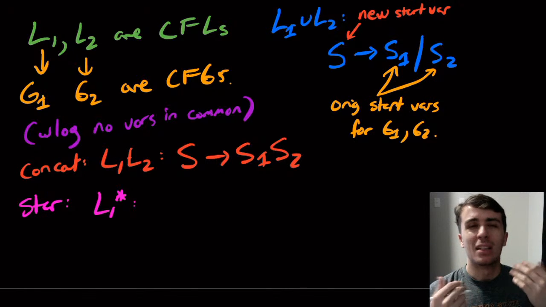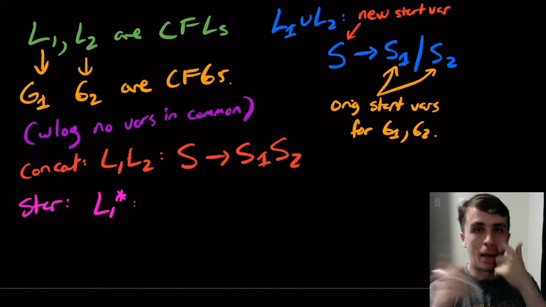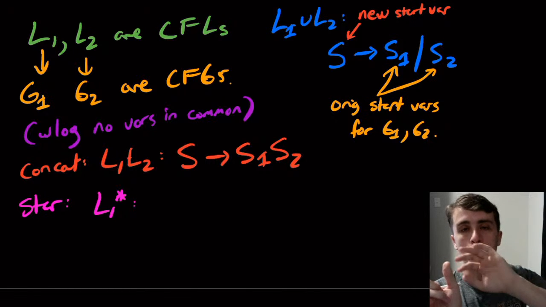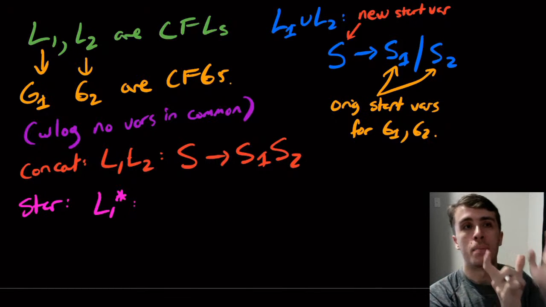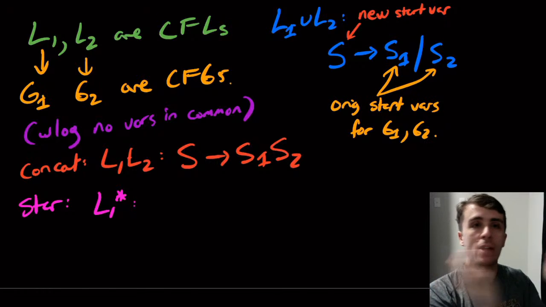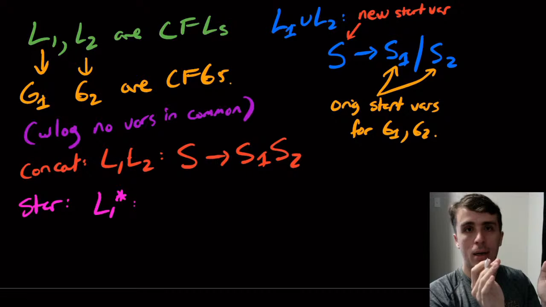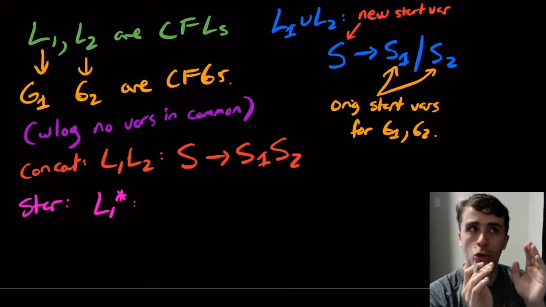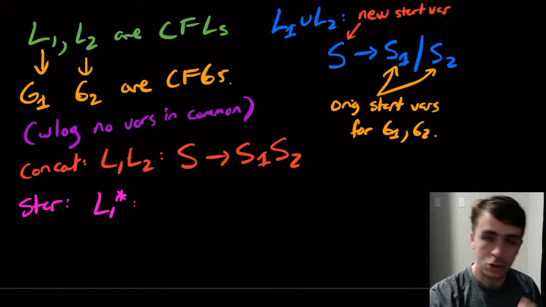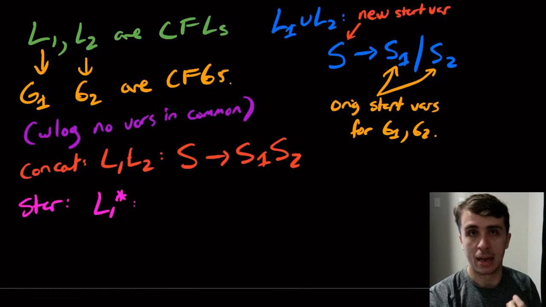So let's just say you pick 100 strings out of L1 that you want to put together. You pick one of them, and then you solve the problem on picking 99 strings. So you pick one, concatenate it with whatever you can do with the 99 choices of strings that you can pick out of L1. That's actually the right perspective to have whenever you're making a grammar for the star of something.